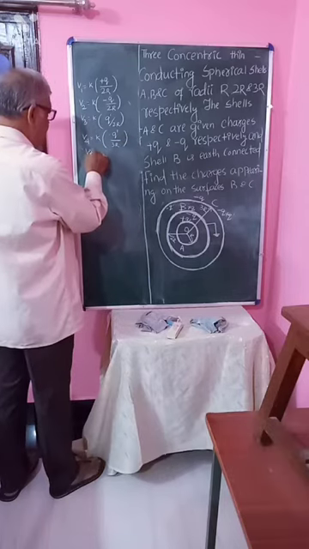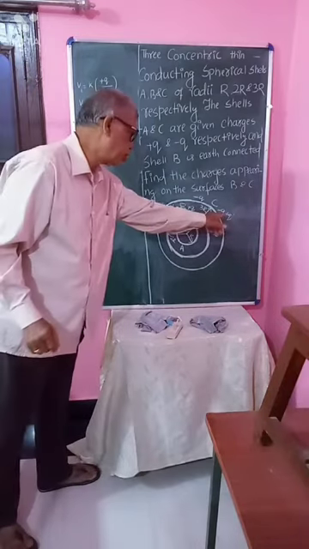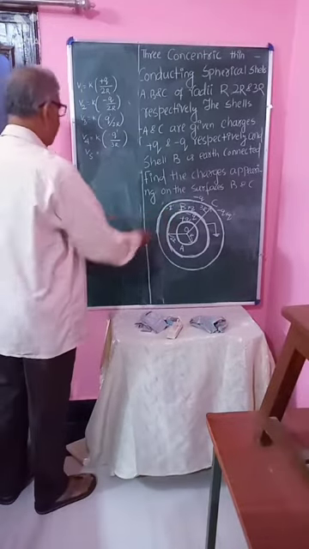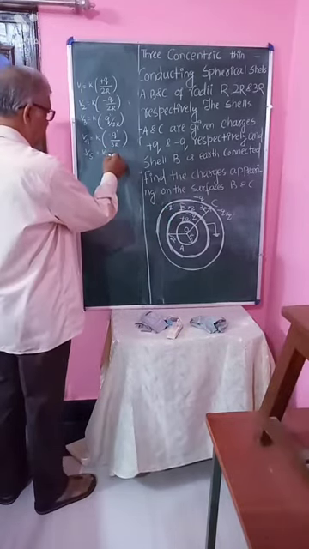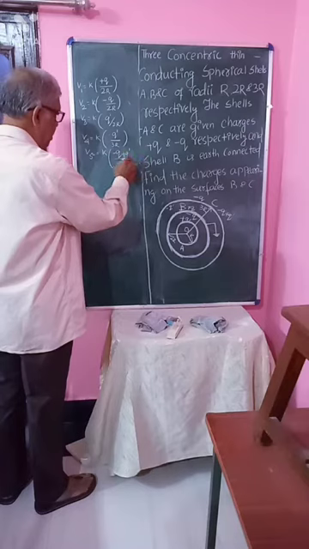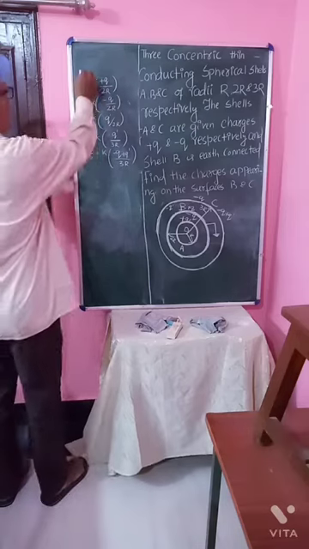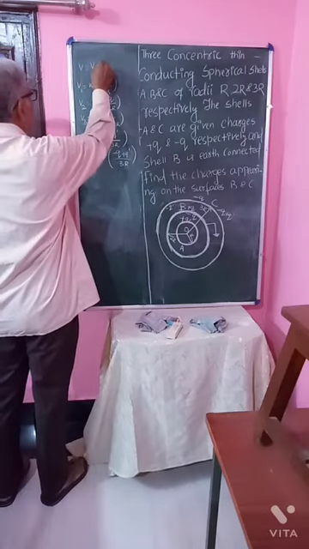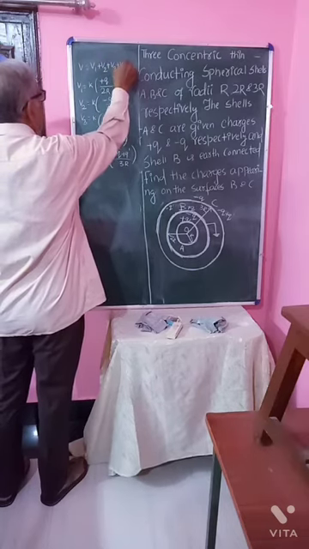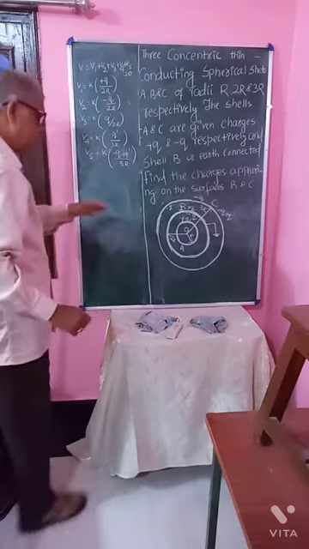And V5, the potential due to the charge minus Q plus Q dash on the outer surface of shell C on the shell B, is equal to K times minus Q plus Q dash upon 3r. So the sum of these potentials, V equal to V1 plus V2 plus V3 plus V4 plus V5, must be equal to 0 because it is earth connected.